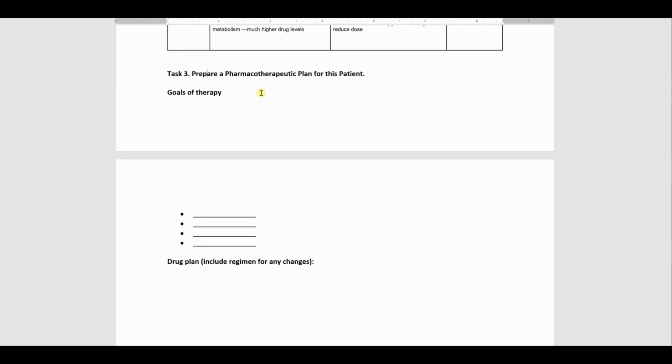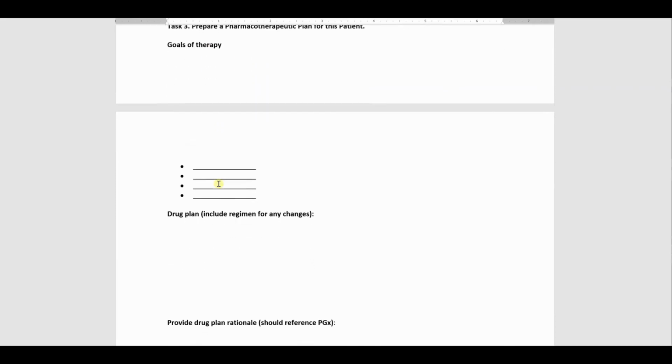And then finally, we need to prepare that pharmacotherapeutic plan for this patient, starting with our goals of therapy. So what do you think some goals of therapy would be for this OCD patient? So one would be decrease symptom frequency and severity. A critical one for this patient would be improve patient functioning. She seems to be having a really hard time.